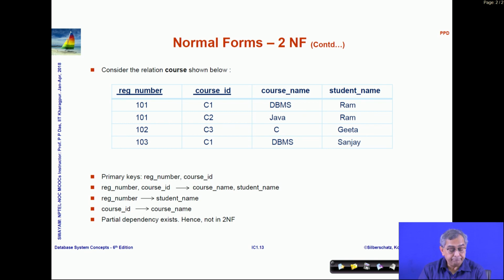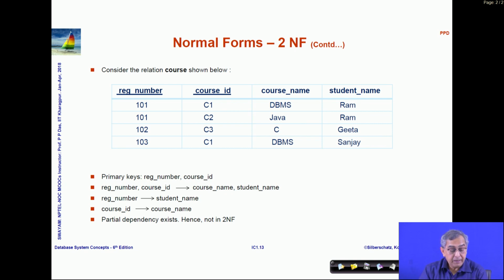So, there is a table with registration number, or the roll number of the student, course ID, the course name and the student name. So, naturally the primary key is the combination of the registration number and the course ID. So, they together decide the course name and student name.